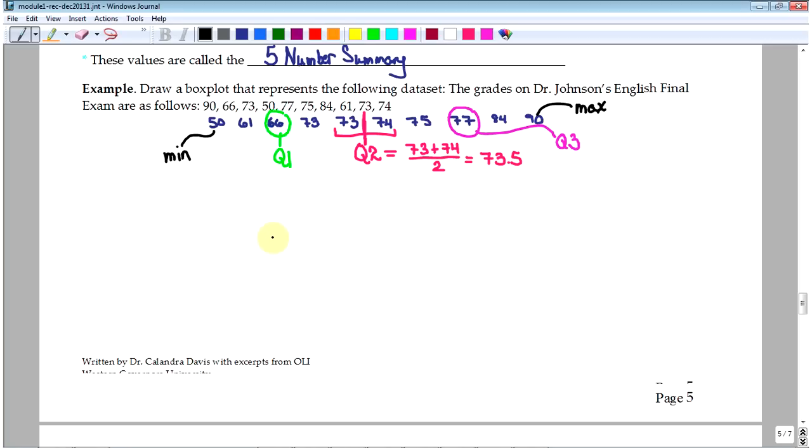So we can draw a scale, and we need our numbers to go from 50 to 90. So I'm going to start at 0, and I'm just going to increase in increments of 10.